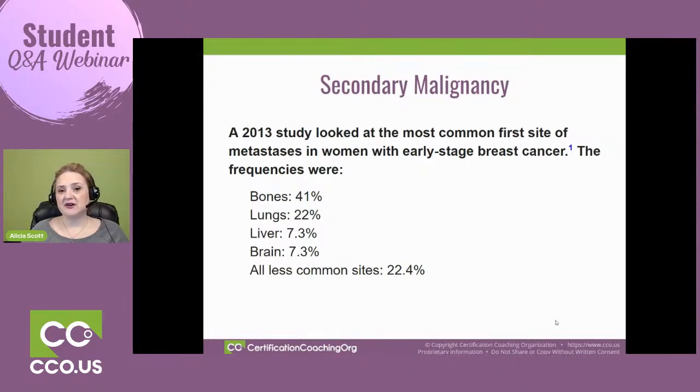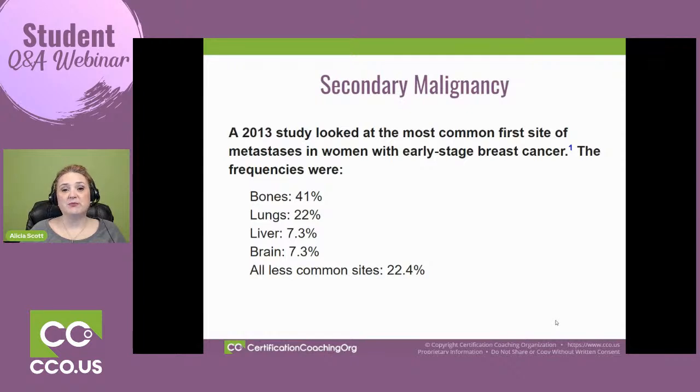But I found it very interesting, and this also explains why coding to the highest specificity is so important, why our jobs make a difference. That in 2013, they looked at a study of breast cancer, early stage breast cancer, so it's first noticed, and then where is the frequency of metastasis? Where does it go?